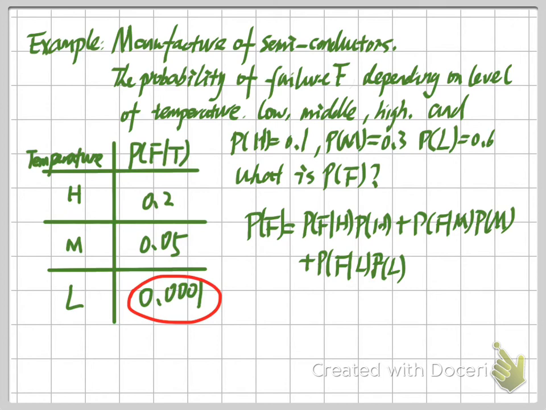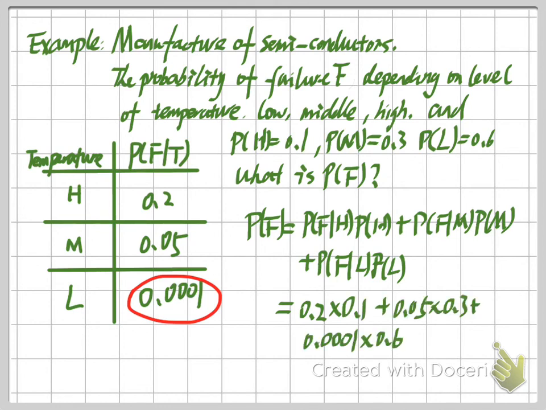Now we just plug in the values. This is 0.2 times 0.1 plus 0.05 times 0.3 plus 0.0001 times 0.6. Then you can use your calculator to compute the final answer. The final answer is 0.03506.